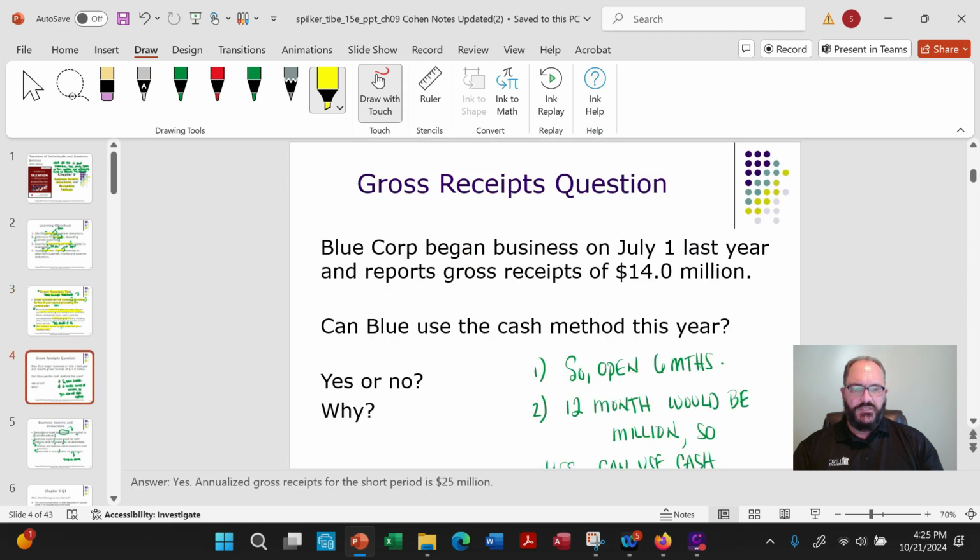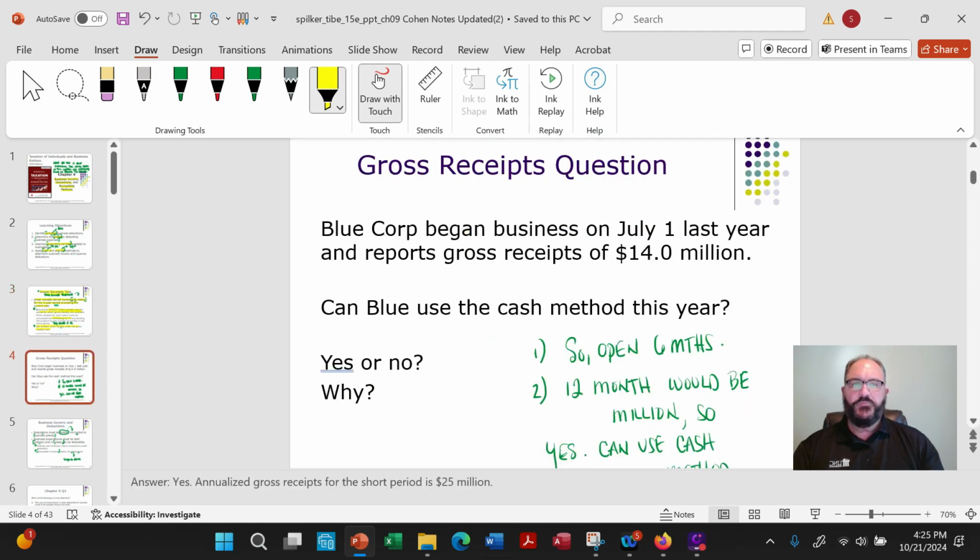Here's a question. Blue Corp began business on July 1st of this year, and they had gross receipts of $14 million. Can they use the cash method? Let's see, they were open July, August, September, October, November, December. They were open for 6 months.